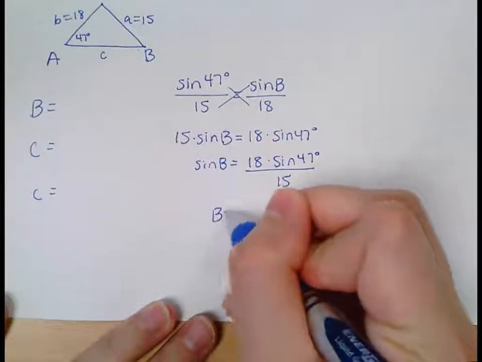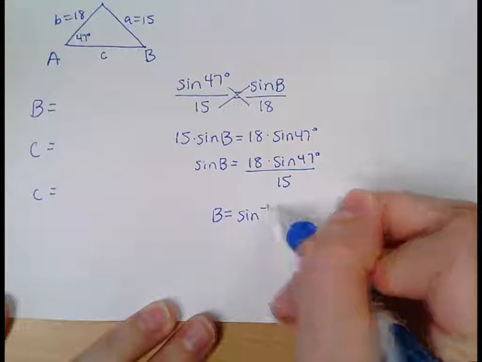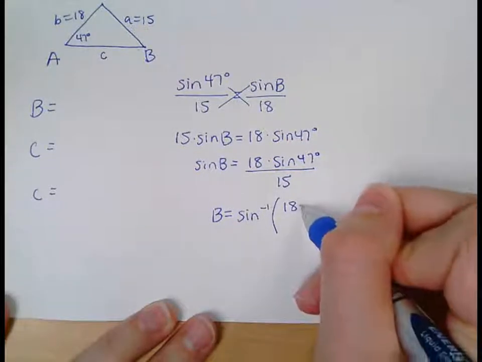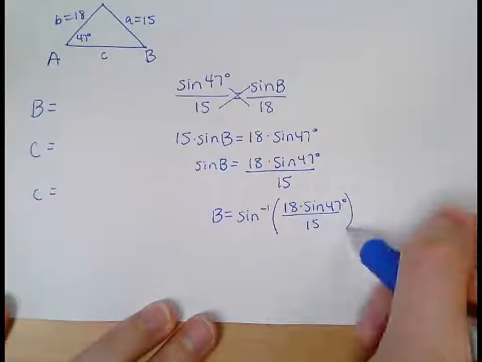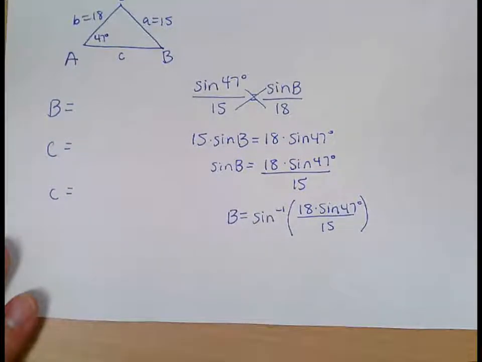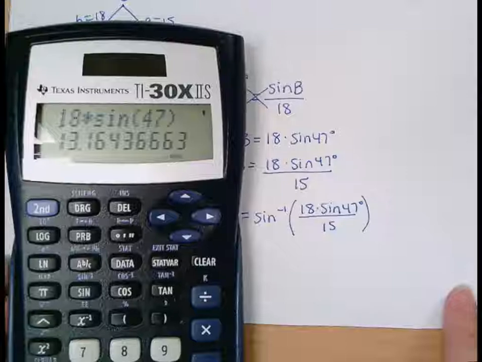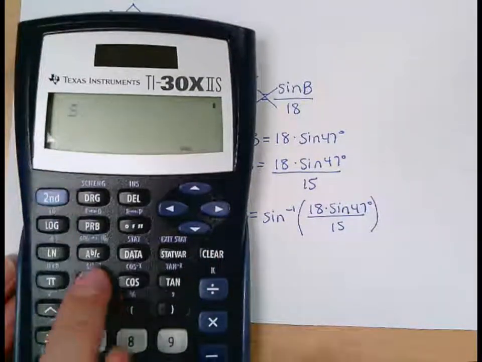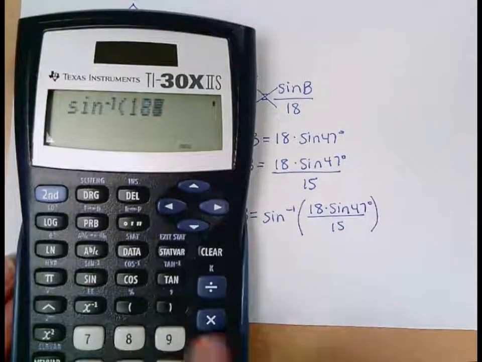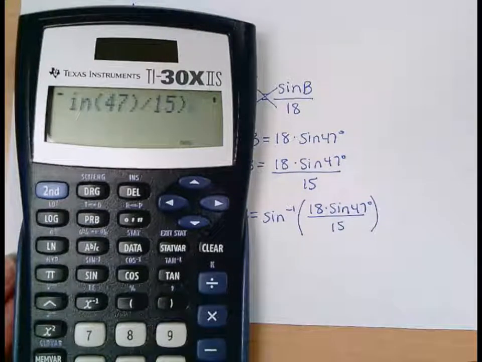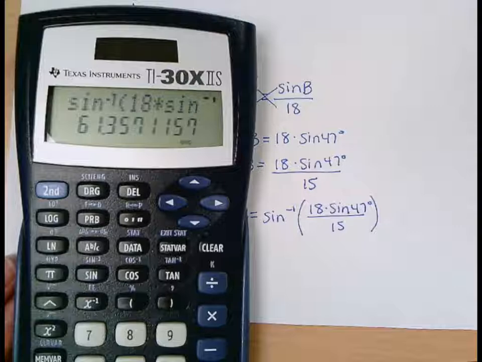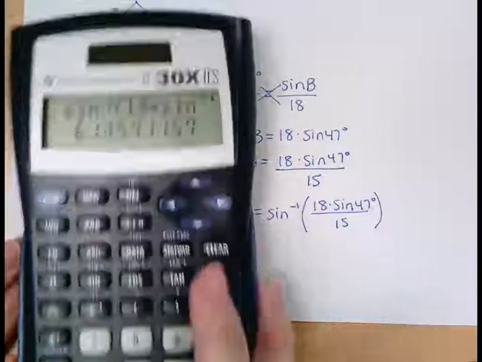So angle B will be inverse sine of 18 times sine of 47 degrees, all divided by 15. And we'll calculate that. So inverse sine of 18 times sine of 47 divided by 15, and round to the nearest degree, which would be 61 degrees for angle B.